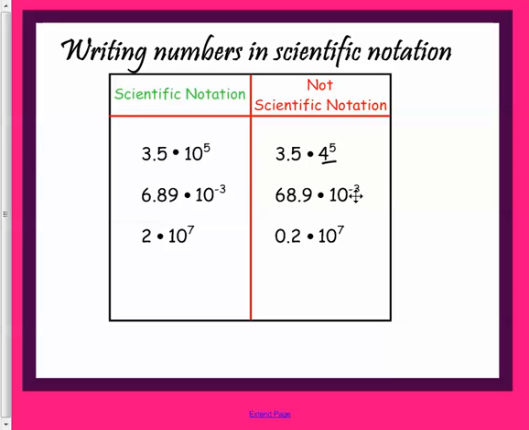The 10 to the negative 3rd power is fine, but this decimal point needs to be here, because we can't have two numbers, since that number is not between 1 and 10. Here we have 2 times 10 to the 7th power. Here we don't have a number that is between 1 and 10. So be careful with that.